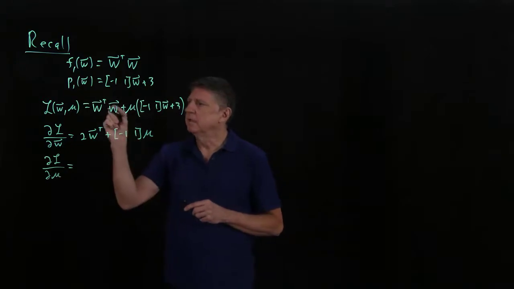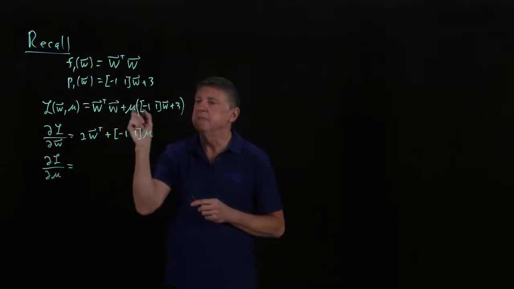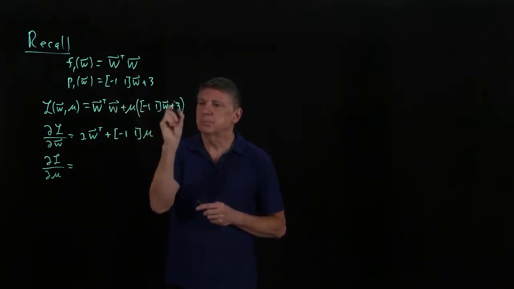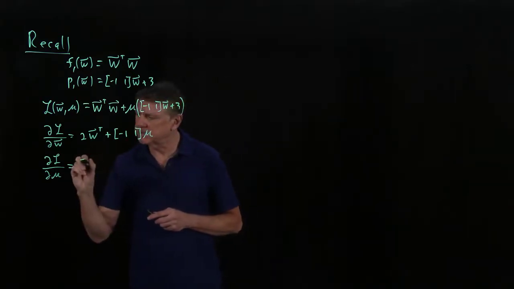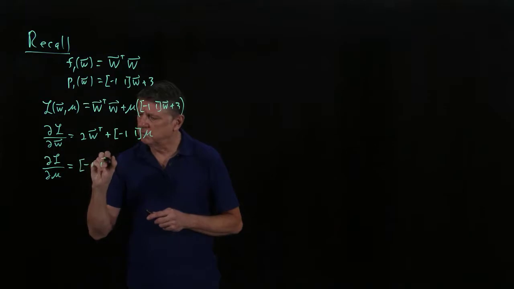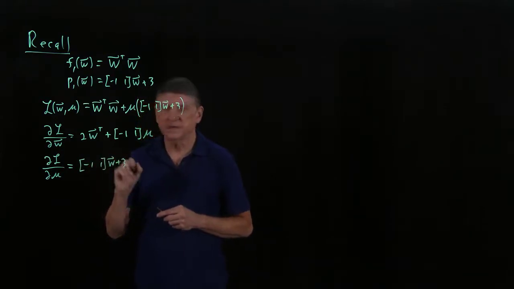The derivative of the first term with respect to mu is 0, so we leave that, and the derivative of this property term with respect to mu is the property, so we just write down the property function, which is minus 1, 1 times the vector argument plus 3.